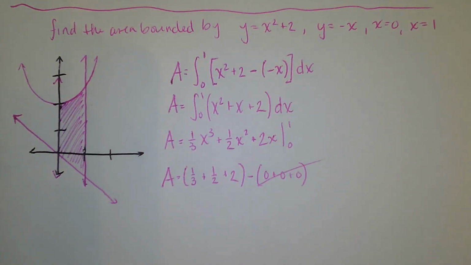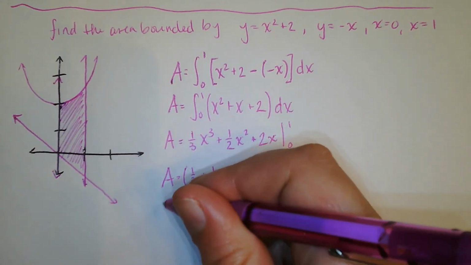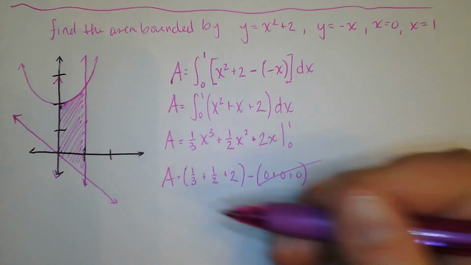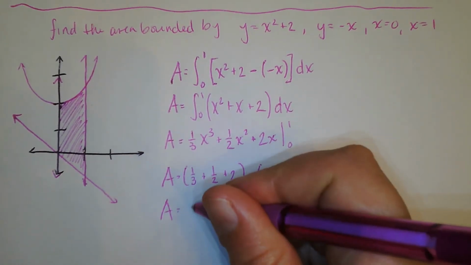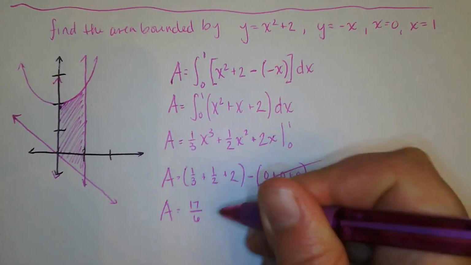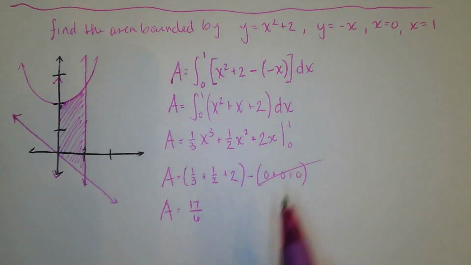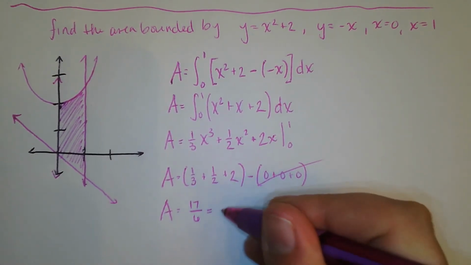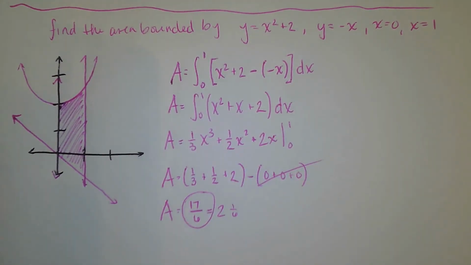Obviously that just goes away. 1/3 and 1/2 is 5/6, plus 2 is 12/6. So 17/6 should be our answer right there, which is 2 1/6. But we're going to leave it like this.